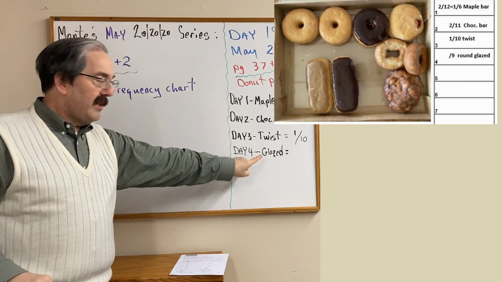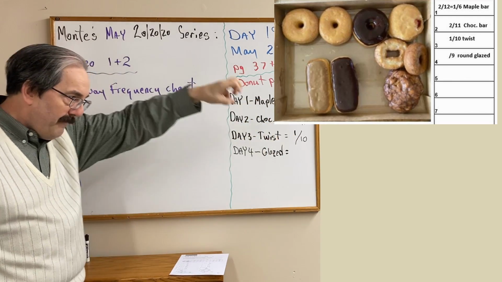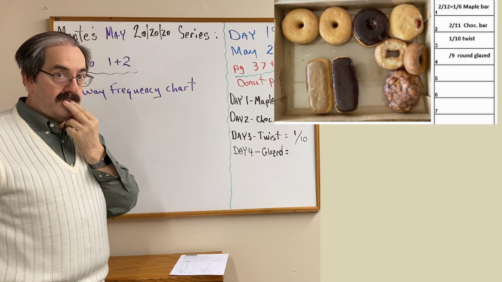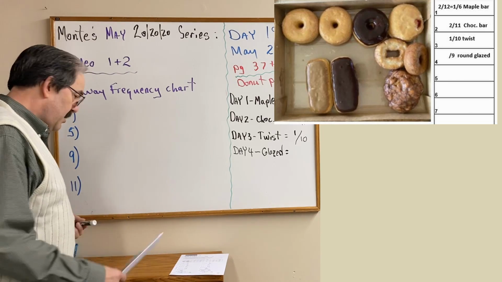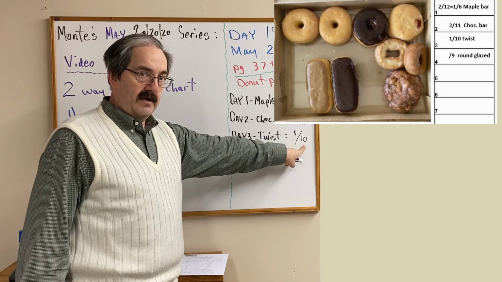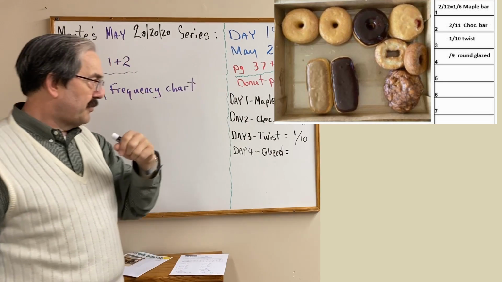Did you calculate the probability of me reaching in and pulling that glazed donut? Did you write it down? Let's do it. We knew there were 10 donuts left. Poof, we took the twist.